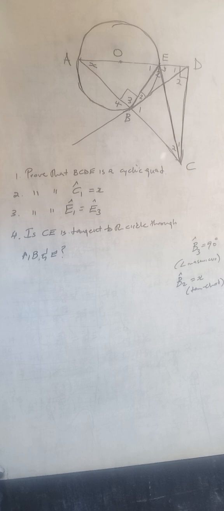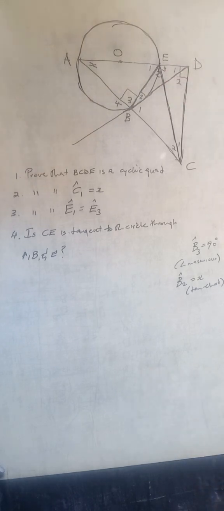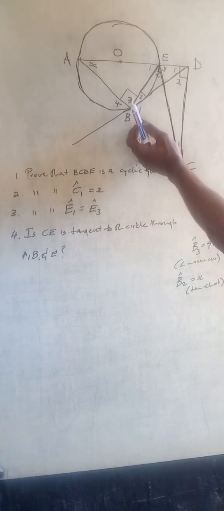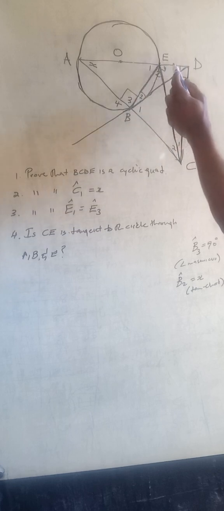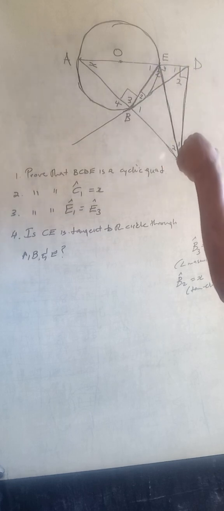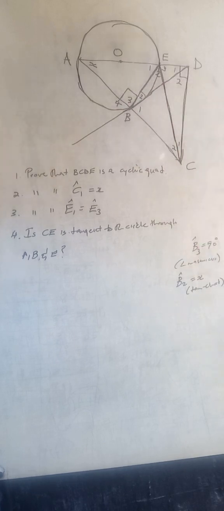The opposite angles of a cyclic quadrilateral are supplementary, and an exterior angle of a cyclic quadrilateral is equal to the interior opposite angle. We already said this is 90 degrees, and this is 90 degrees because AD is perpendicular to DC. So this angle is equal to this angle. The exterior angle is equal to the interior opposite angle, right?